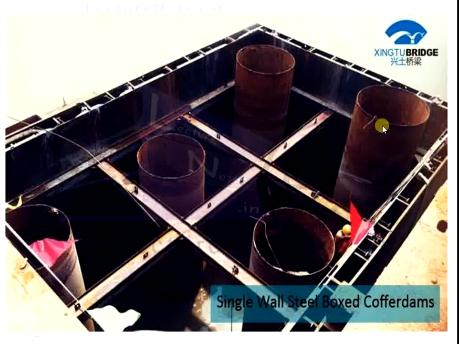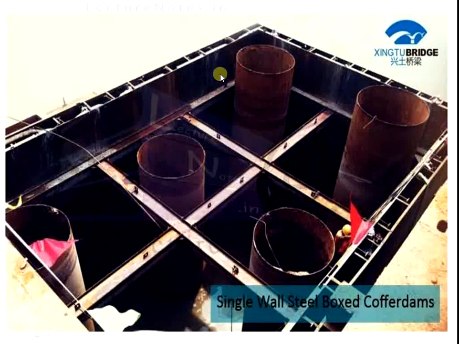This is the actual image of the single wall cofferdam. This is the single wall steel box cofferdam. These are the struts, vertical and horizontal. The size of this cofferdam is 10 meters by 6 meters. These struts are closed with the wales, and various wales are used.